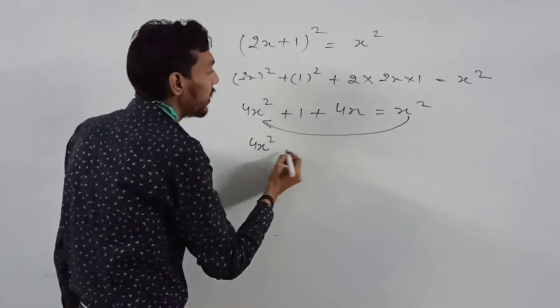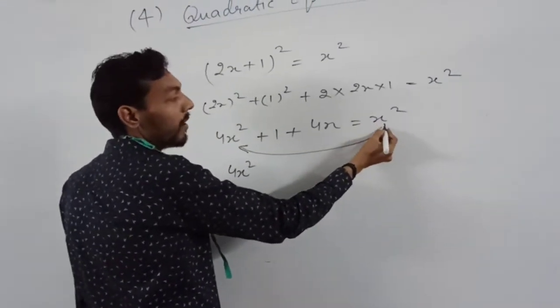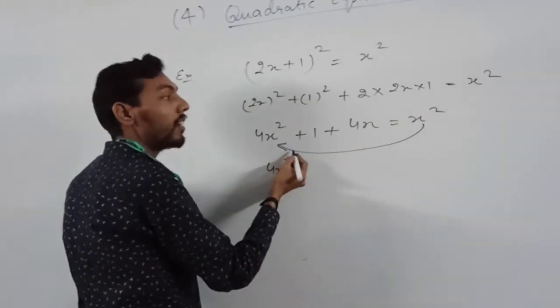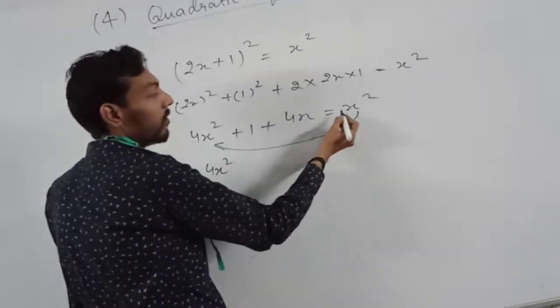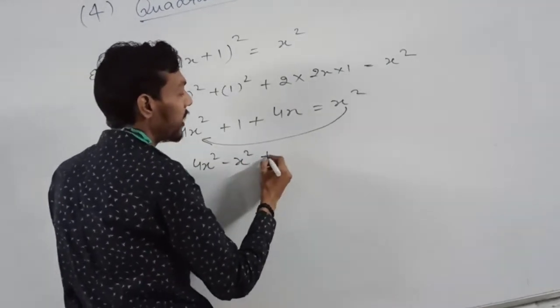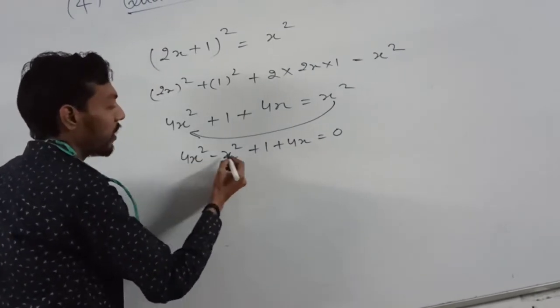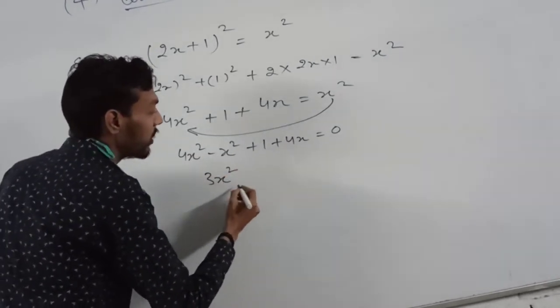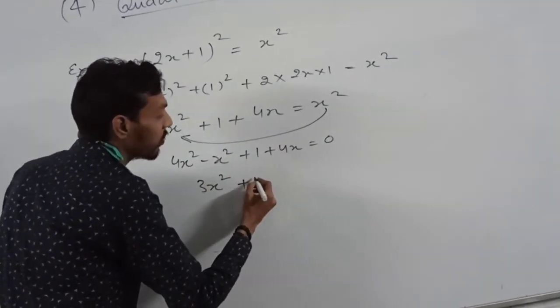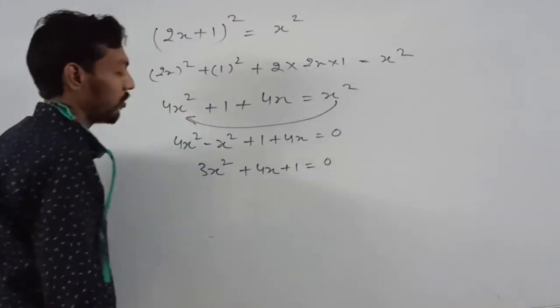Here x square is on the positive side, and when we transfer it to the left side, you know that the sign becomes negative. So 4x square minus x square comes to 3x square plus 4x plus 1 equals 0.